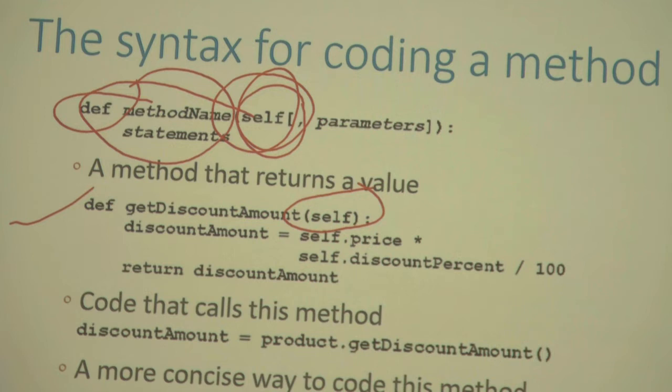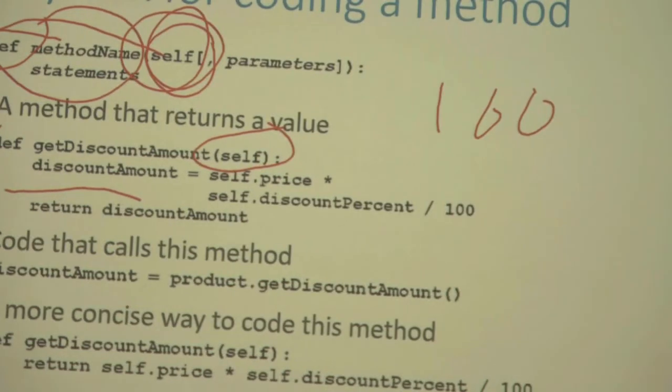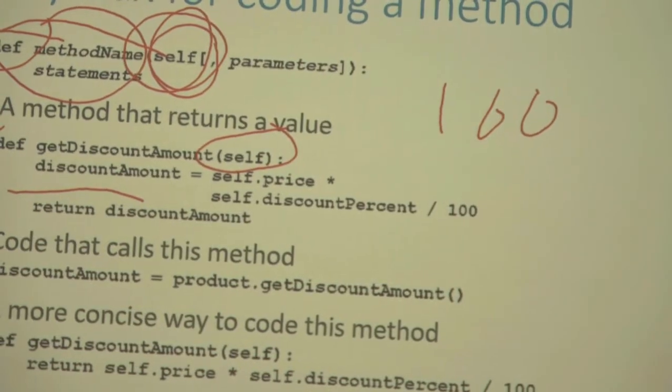So the discount amount, which is the variable, equals self price multiplied by self discount percent, divided by 100. So if the price is $100, and the discount percentage is 60, you divide it by 100, it will be 0.6, and then the discount amount will be 0.6 times 100, which is $60.